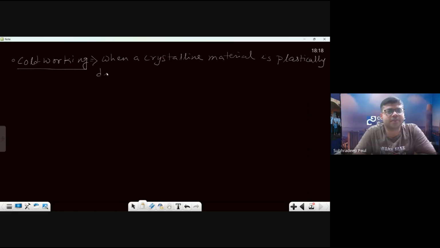When a crystalline material is plastically deformed below about 0.3 of the melting temperature, where Tm stands for the melting point or the melting temperature, it is called cold working.